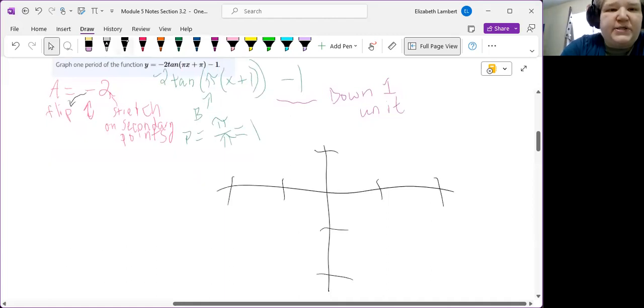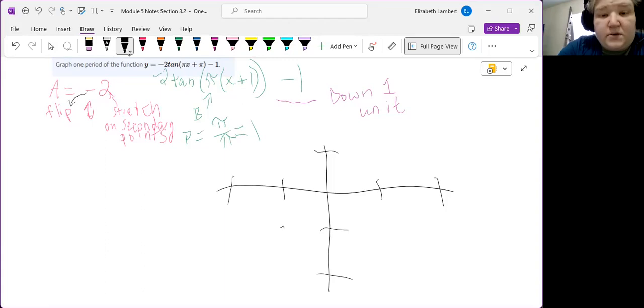So our 0, 0 point is going to go left 1 and down 1. So this is our new center of the graph. Our period is 1 unit wide. So does that mean it goes from -2 to 0? We have to be 1 unit in total width. So we're going to do half of that for our movement.